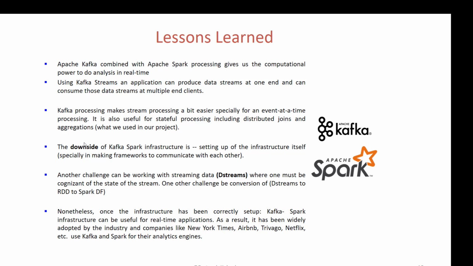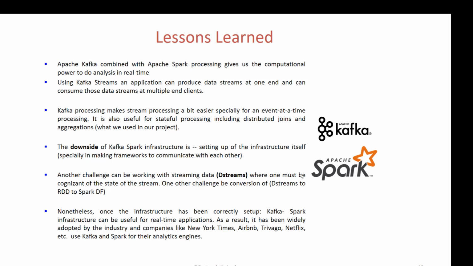The downside of this implementation is creating the infrastructure itself, especially when you want to make your Spark and Kafka communicate with each other; you want to make sure you have the right jar files. If there are no jar files, you would struggle just to make everything communicate with each other. Another challenge is working with the streaming data, DStreams itself.